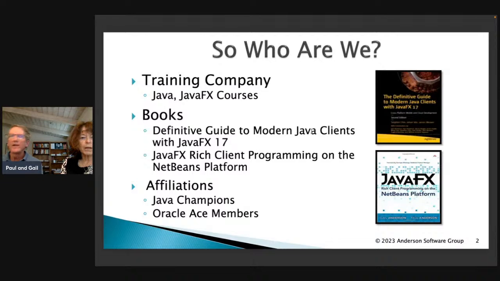For our latest book, The Definitive Guide to Modern Java Clients with JavaFX 17, we contributed a chapter on JavaFX fundamentals, as well as a chapter on packaging options for JavaFX executables. And our other book is JavaFX Rich Client Programming on the NetBeans platform. Gail and I are also Java Champions and Oracle ACE members.